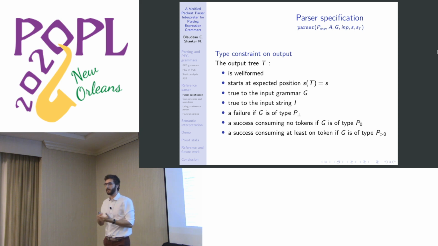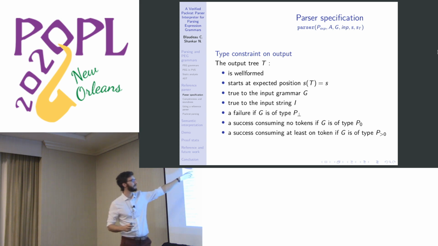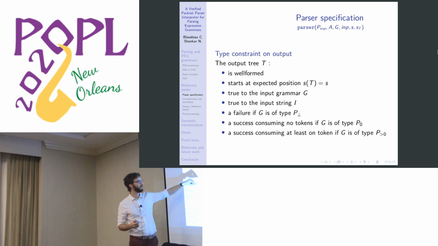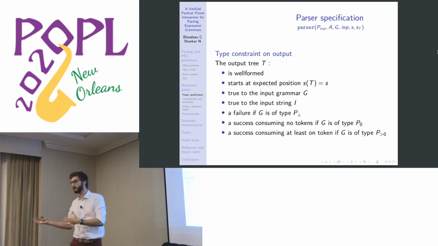That means that all the small checks at every node ensure that the computational path is a correct one. Then the output tree starts at the expected position that you gave as an argument to the parser interpreter, is true to the input and true to the grammar, and then verifies that it fails or succeeds according to the property that you had on the grammars.